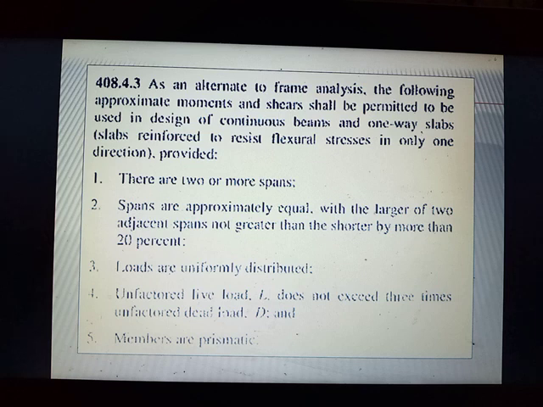Speaking of one-way slabs, those are slabs reinforced to resist flexural stresses in only one direction, provided that: 1. There are two or more spans. 2. Spans are approximately equal, with the larger of the two adjacent spans not greater than the shorter by more than 20%. 3.